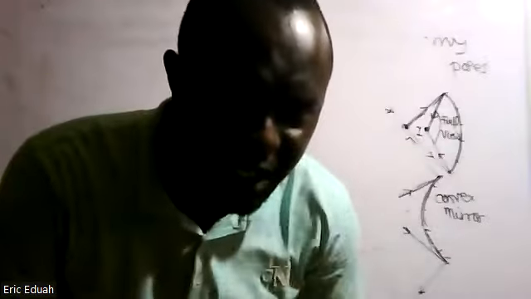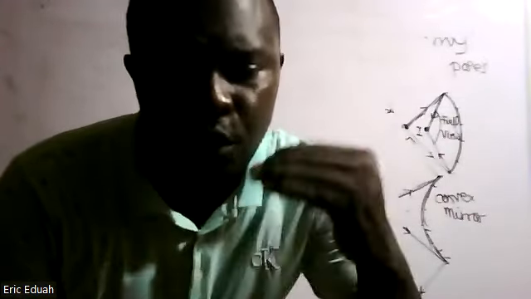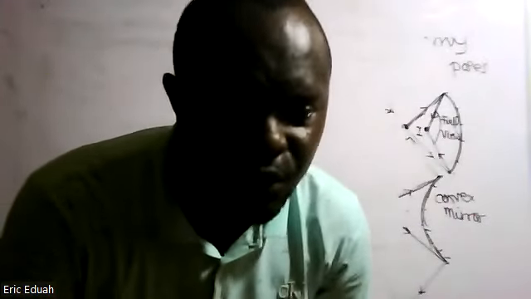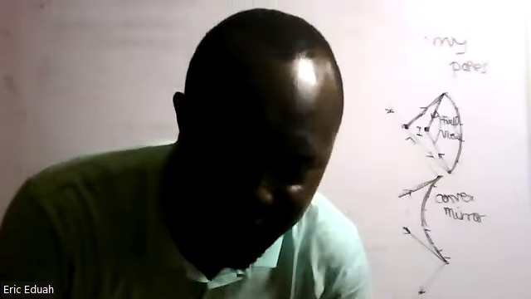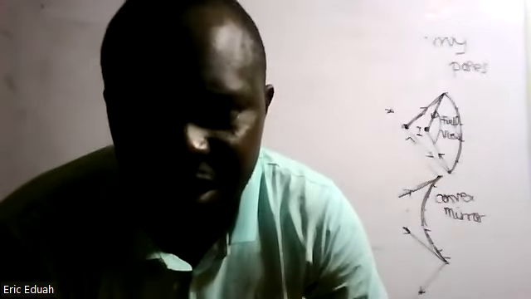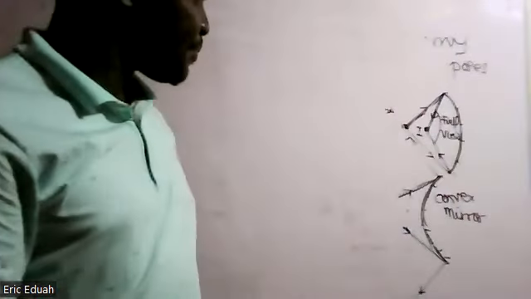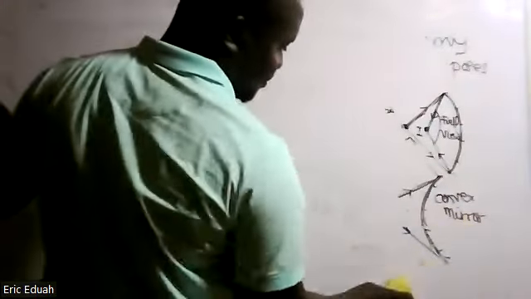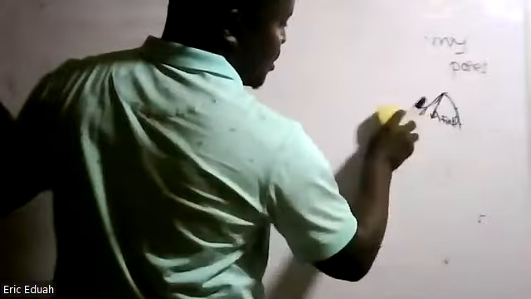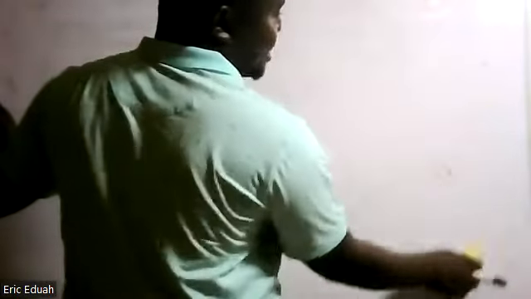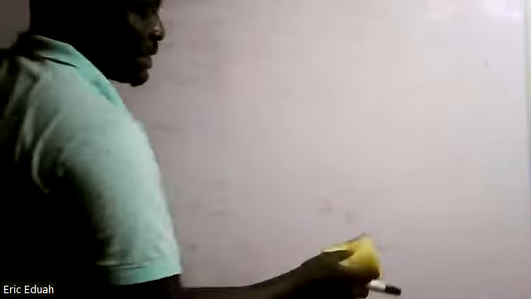So the object's position in front of the mirror will determine whether the image will be upright, inverted, real, or virtual. Is that okay? So nothing really happens, it simply has to do with the position of the object in front of the mirror.